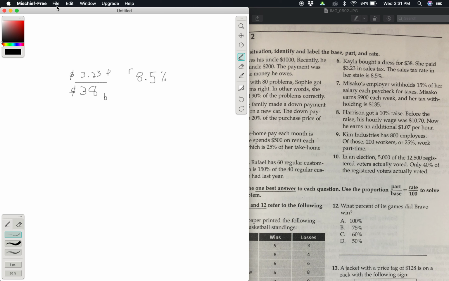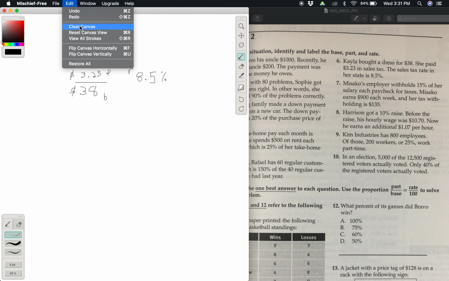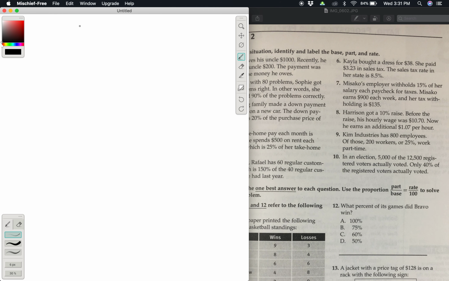I'm gonna do one more here for you guys. There's one that I went over a little earlier that's slightly different as well, which is number 10 here. So these are, again guys, just keep doing what I showed you.